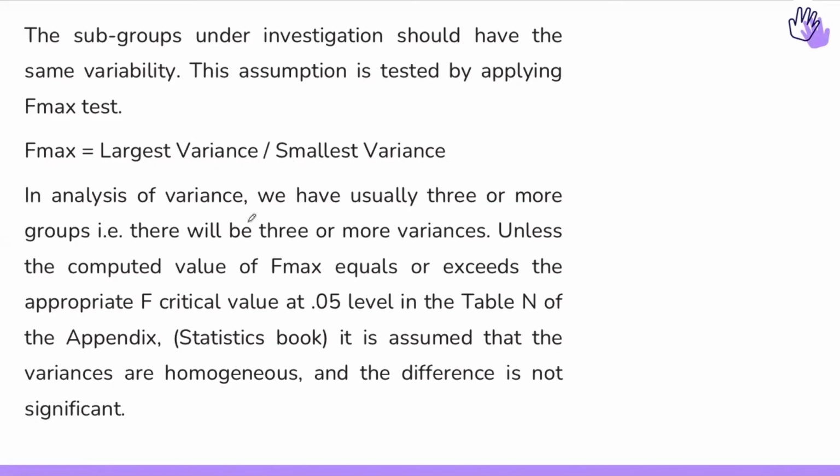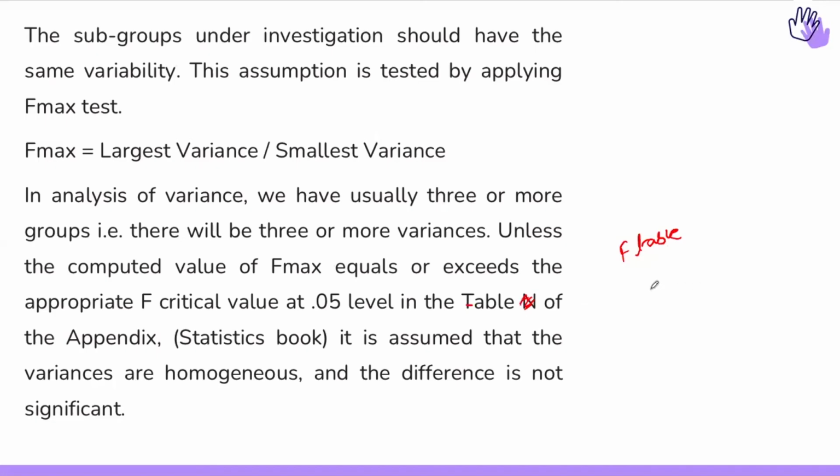In analysis of variance, we usually have three or more groups, that is, there will be three or more variances. Unless the computed value of Fmax equals or exceeds the appropriate F critical value at the 0.05 level. In any statistics book, there is an appendix with an F table, so you can check it there.